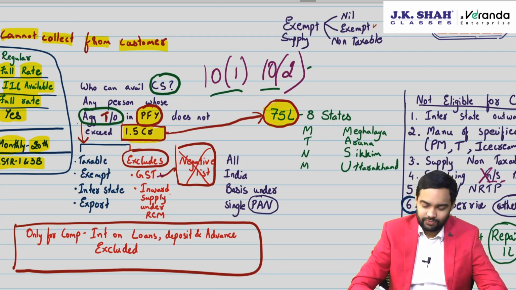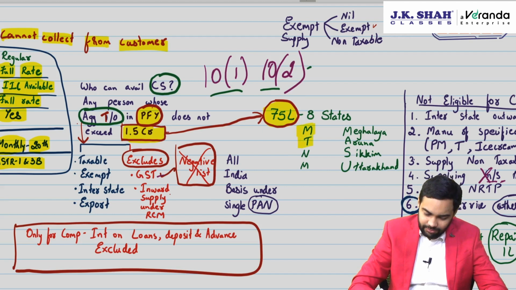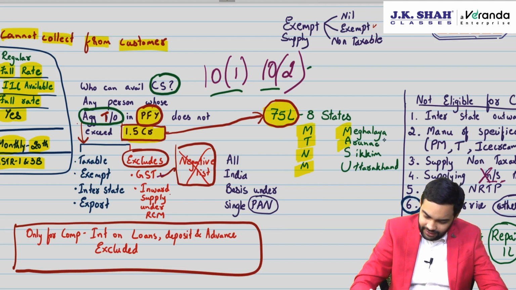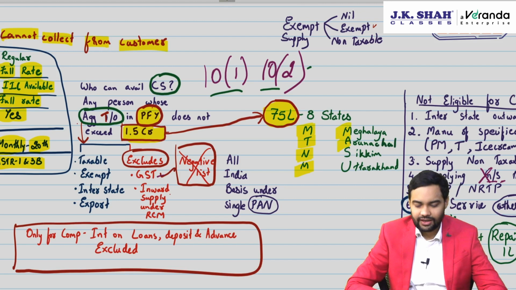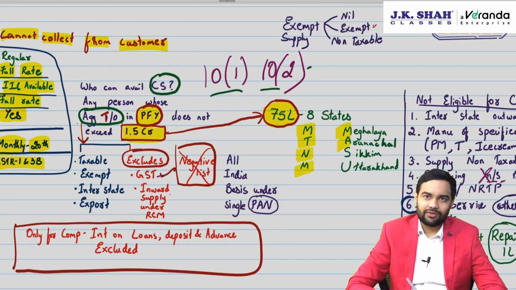Manipur, Tripura, Nagaland, Mizoram, and then Meghalaya, Arunachal Pradesh, Sikkim, and Uttarakhand. For these 8 states, 75 lakh limit will be used. So if a person has branch in these states, then 75 lakh limit will be considered.